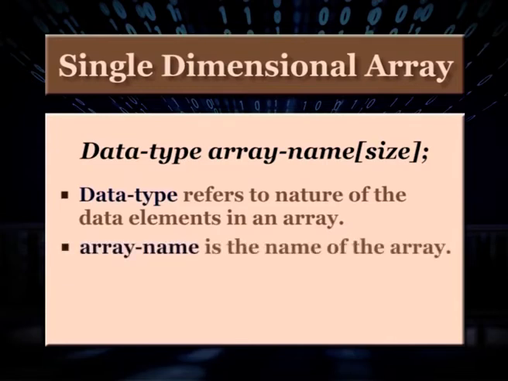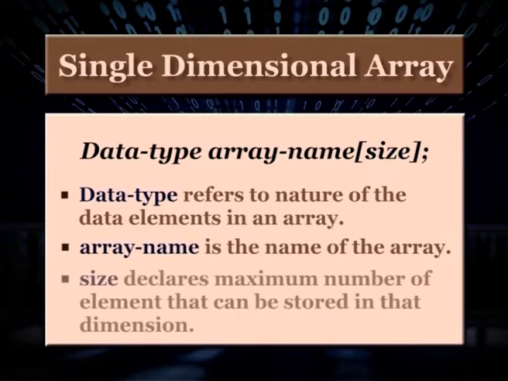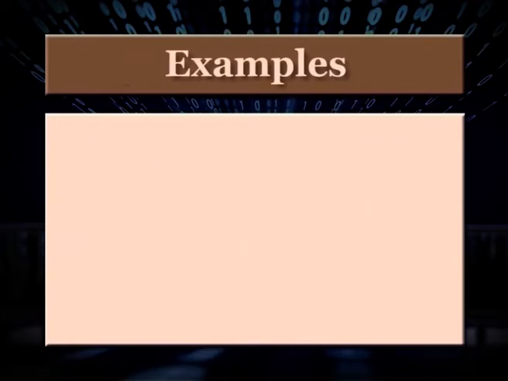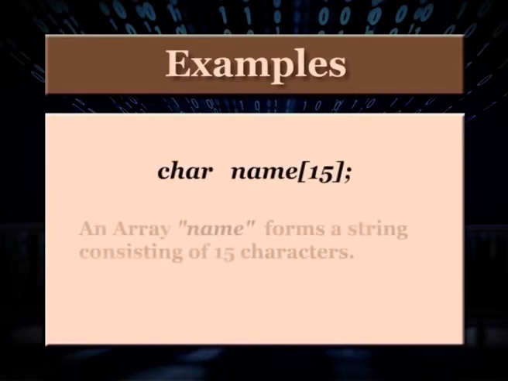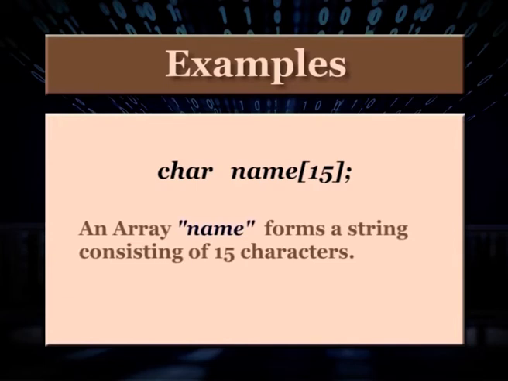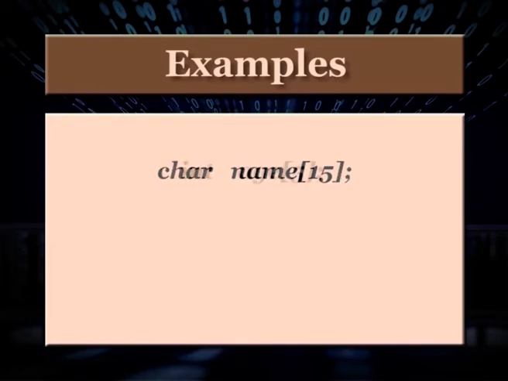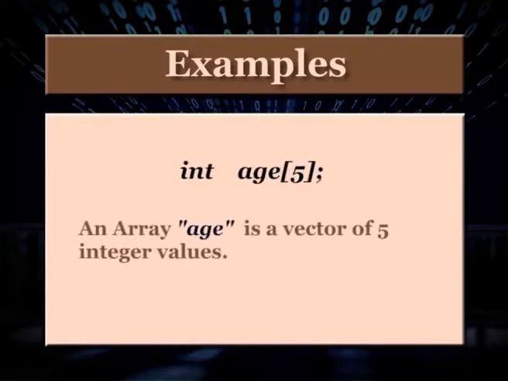Array name is the name of the array. Size declares the maximum number of elements that can be stored. For example, char name[15] means the array name forms a string consisting of 15 characters. int age[5] means array age is a vector of 5 integer values.